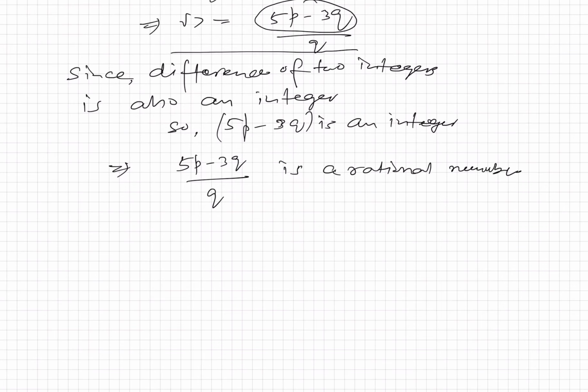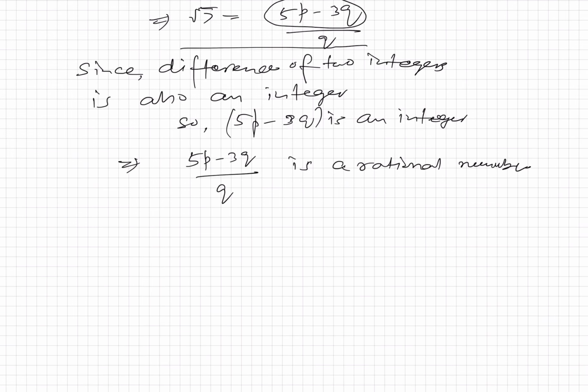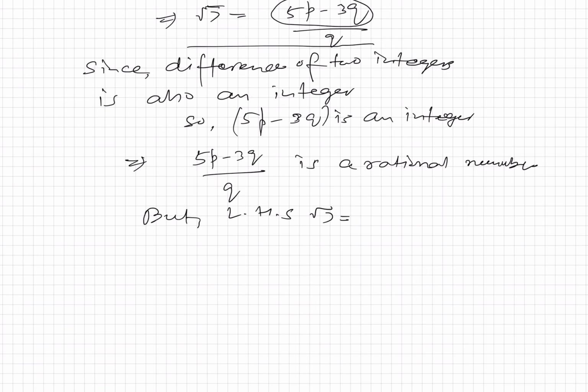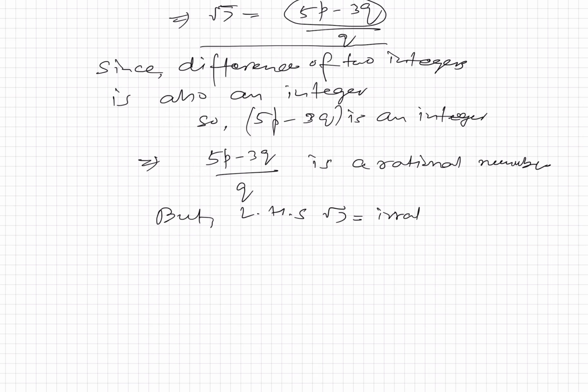Root 7 is an irrational number. Okay, but LHS root 7 is equal to irrational number.